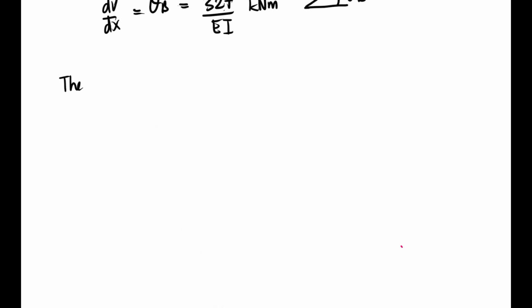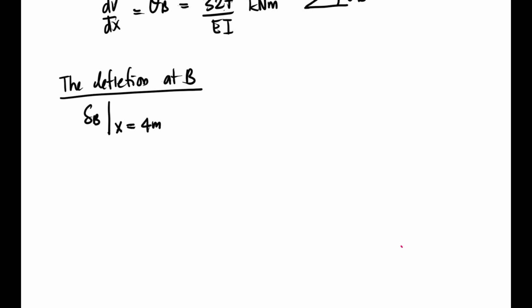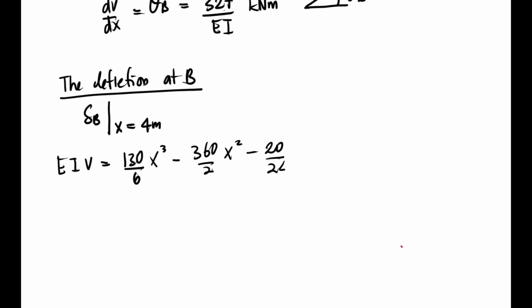The deflection at B for member AB when x equals 4 meters. I will substitute into the equation for member AB: 6x to the power of 3 minus 360 divided by 2 x to the power of 2 minus 20 divided by 24 x to the power of 3.